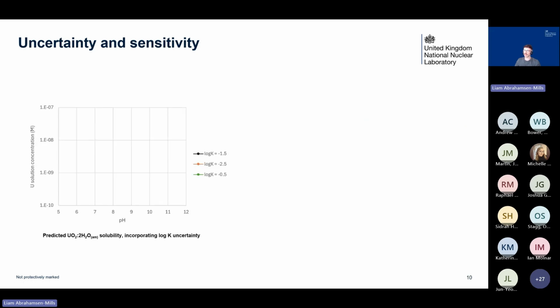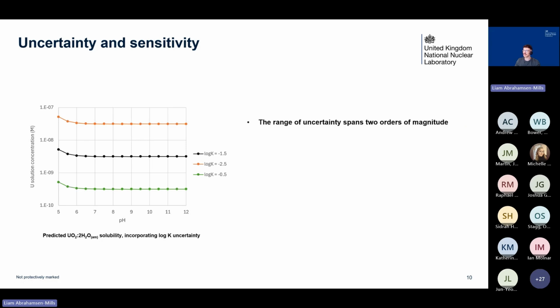If we use PHREEQC again to simulate the solubility of uranium, first of all using the baseline or best estimate value, we get this. And then if we look at the extremes, the outer edges of the uncertainty, we can see that the solubility actually spans 2 orders of magnitude.